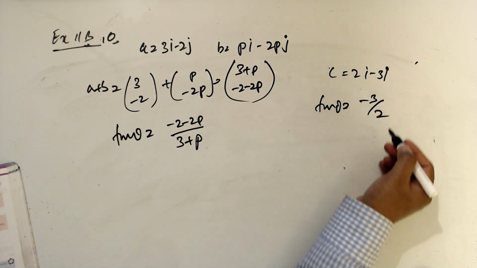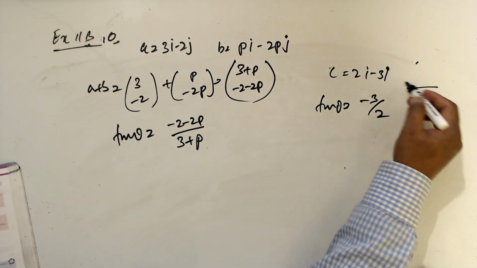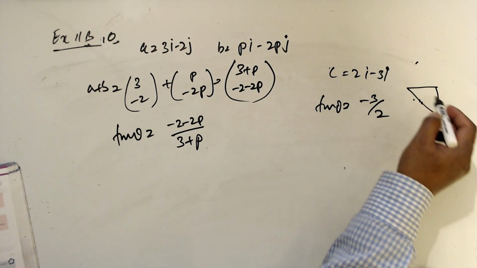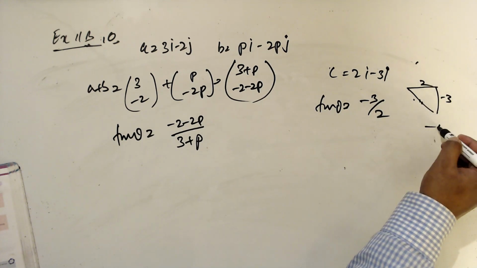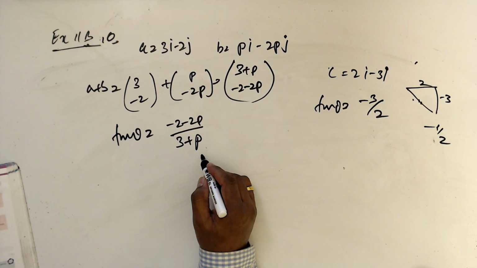Or the gradient: 2i, 3j. So this gradient is minus 3 and 2, so minus 3 divided by 2. So those should be equal.